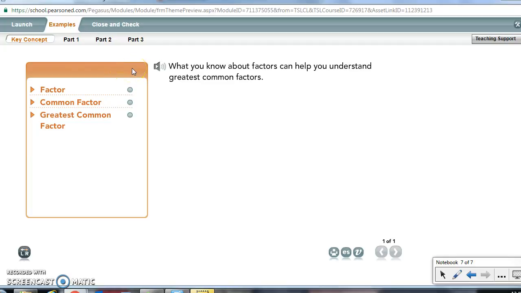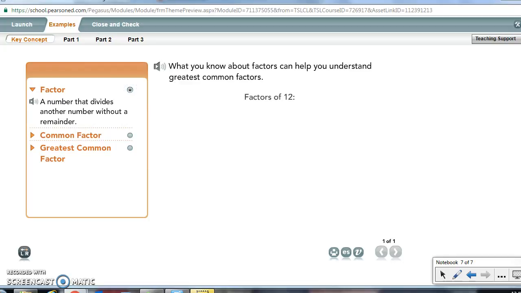What you know about factors can help you understand the greatest common factor. Find the factors of 12. 1 times 12 is equal to 12. 2 times 6 is equal to 12. 3 times 4 is equal to 12.